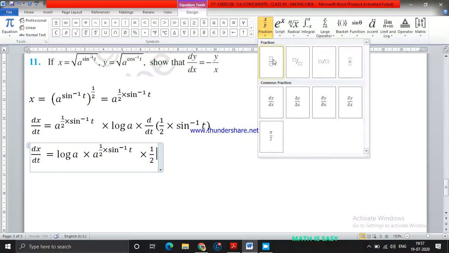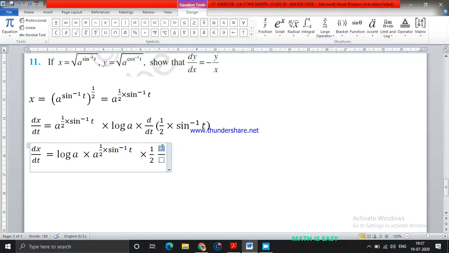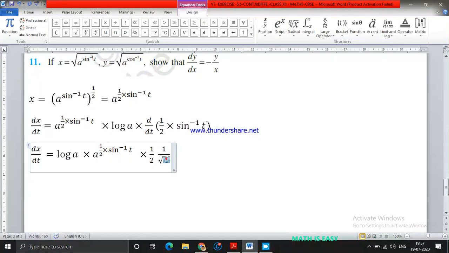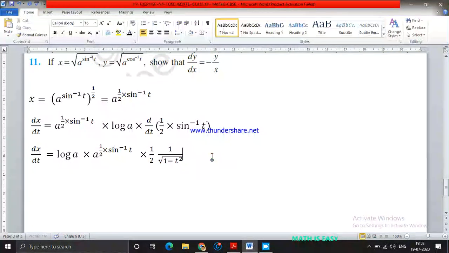Anyone remember, derivative of sine inverse x is 1 by under root 1 minus x square, so it will come as 1 minus t square. See the formulas, how you have to remember the formulas. Okay, it is your headache, how do you remember the formula?